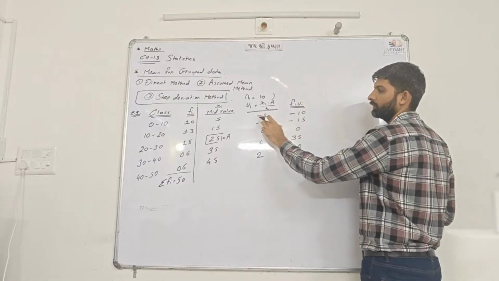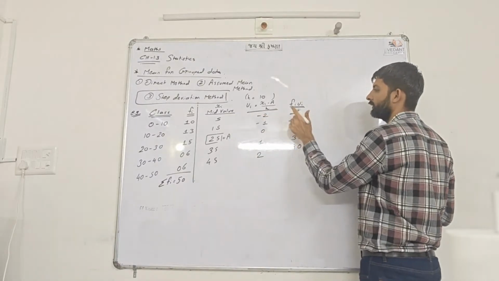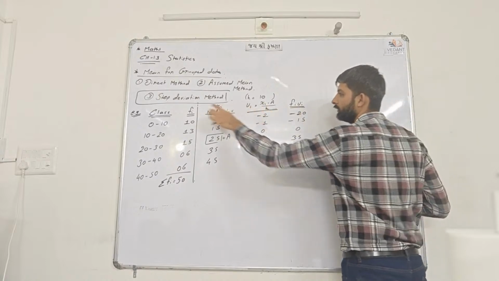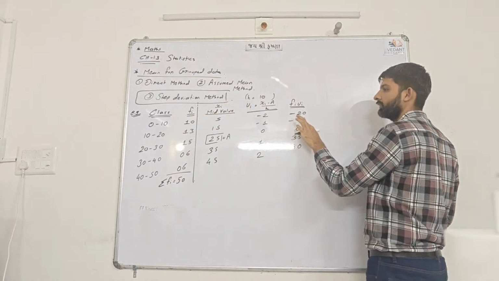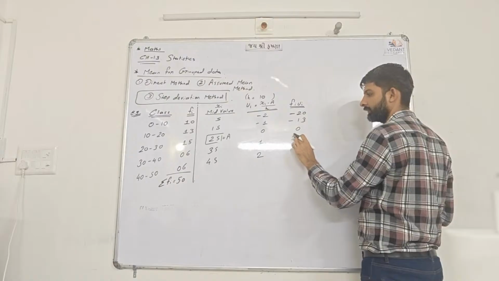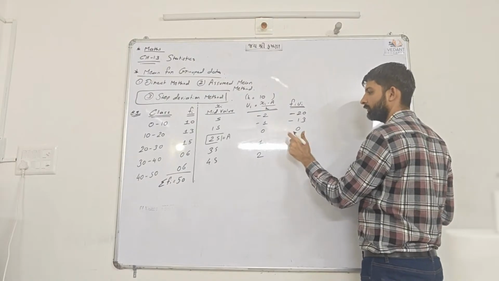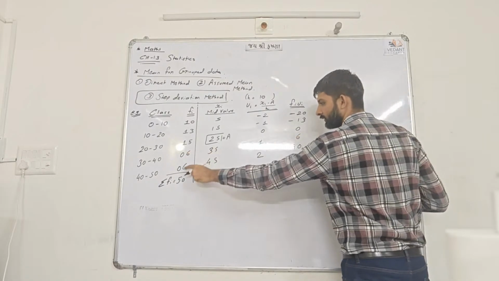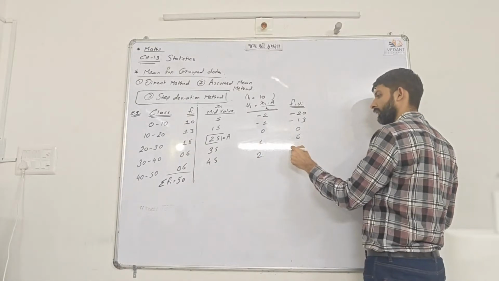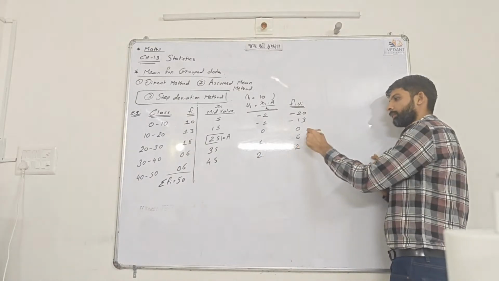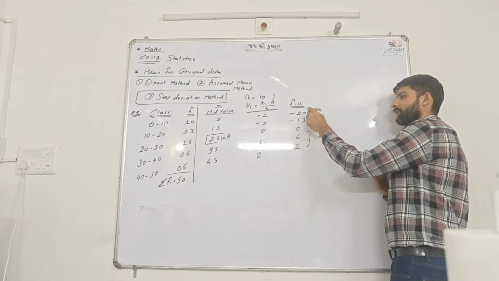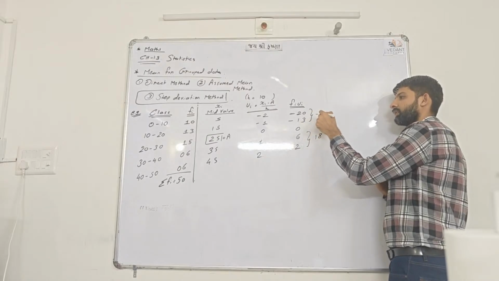No, 20. It should be minus 20. Fi and ui you have to multiply. Here it will be minus 13, 0. And here it will be 6. 1 into 6, and 6 2s are 12. This is how it will look. Here it will be 18 and here it will be minus 33.